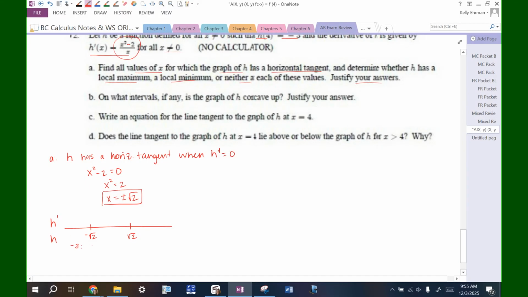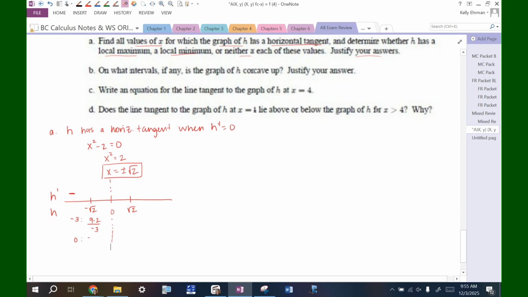That's going to give me (9 minus 2) over -3, which is negative overall. If I plug in 0 between these two, I get negative. Oh, I can't plug in 0. Sorry. I should remember to put an undefined value in there. I can't do 0 because I would get -2 over 0. That's no good.